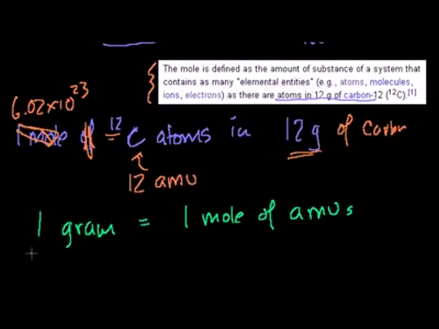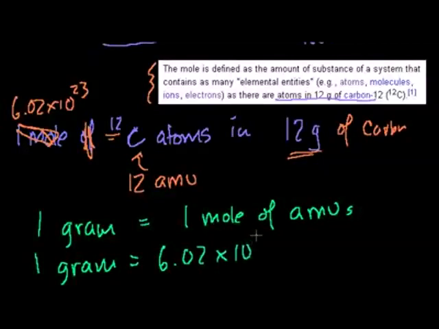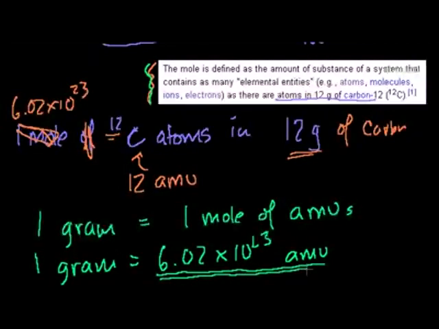Or you could write 1 gram is equal to 6.02 times 10 to the 23 atomic mass units. And the reason why this is useful, and it's kind of addressed in this Wikipedia definition, is it helps us translate between the atomic world, where we deal with atomic mass units, and our everyday world, where we deal in grams.